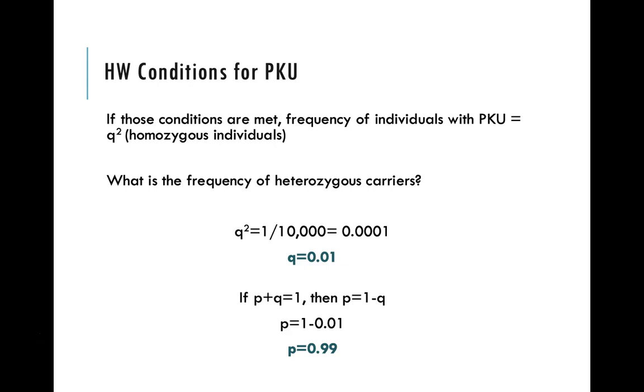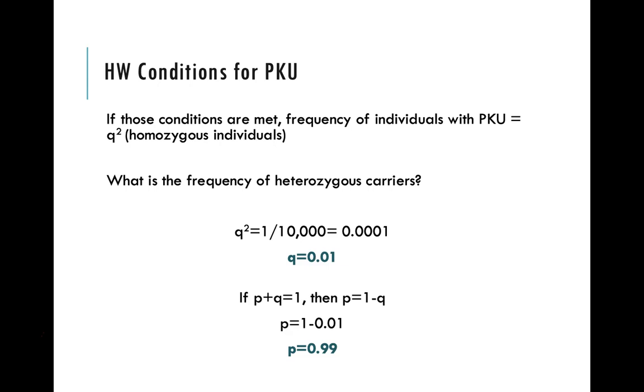When you are given a phenotype, such as the individuals with PKU disorder, you are given a genotype frequency. The number of recessive individuals in a population is equal to q squared. So we can use that information to calculate q.